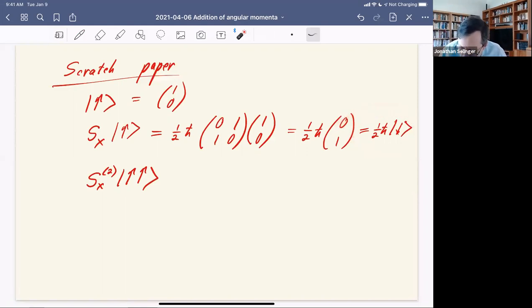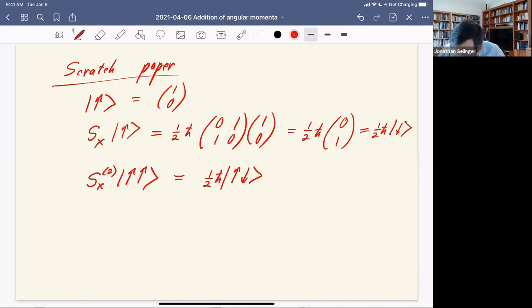That is, it multiplies by 1/2 h bar and changes the spin state of particle 2 from up to down. But it doesn't care about the spin of particle 1. It just leaves the spin of particle 1 the way it found it. So this is 1/2 h bar times the state up, down.